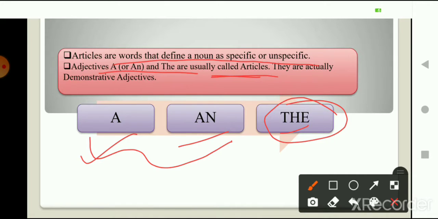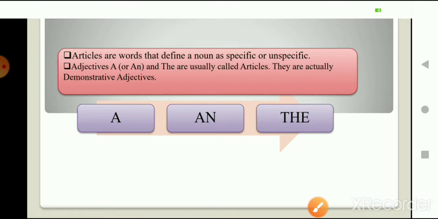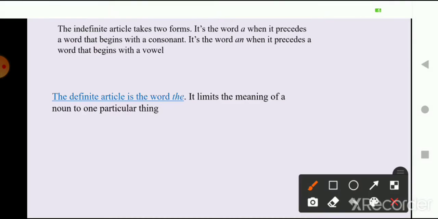Now let us understand the meaning of the words indefinite and definite articles. The indefinite articles take two forms, that is a and an. We use a before a consonant, and we use an before a vowel.